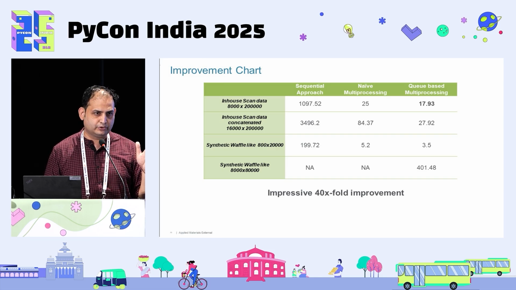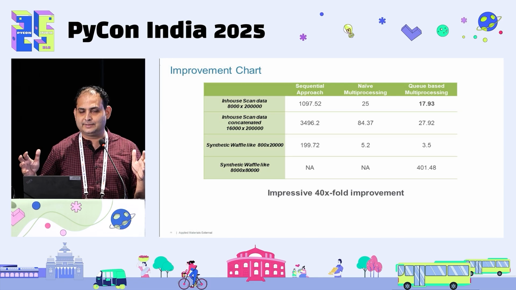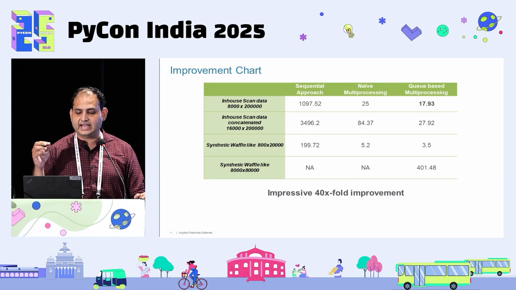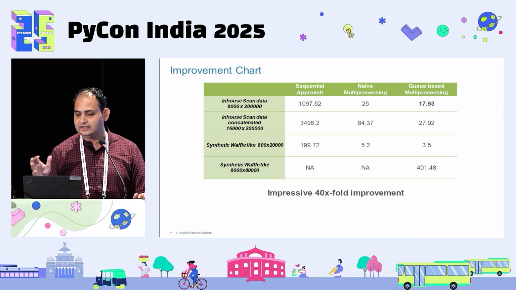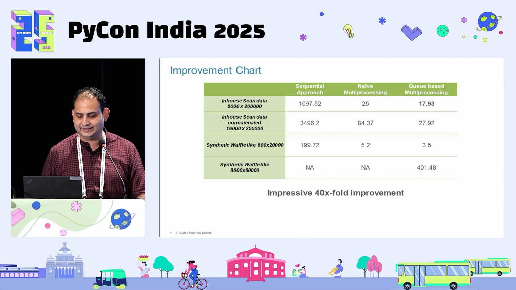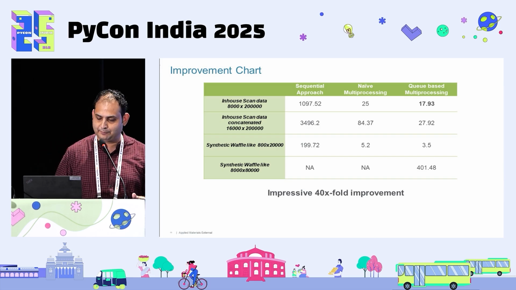The queue-based one could do it in 4 seconds. Then I made the algorithm's job hell. I made a very problematic data set with a very fine, minute waffle-like structure, where the sequential and naive multiprocessing approaches could not even complete in weeks. At least the queue-based one could do it in 400 seconds. So here, I get an impressive 40-fold improvement.